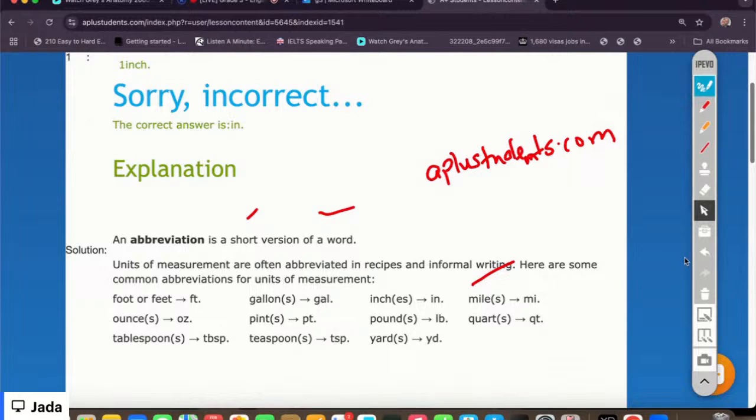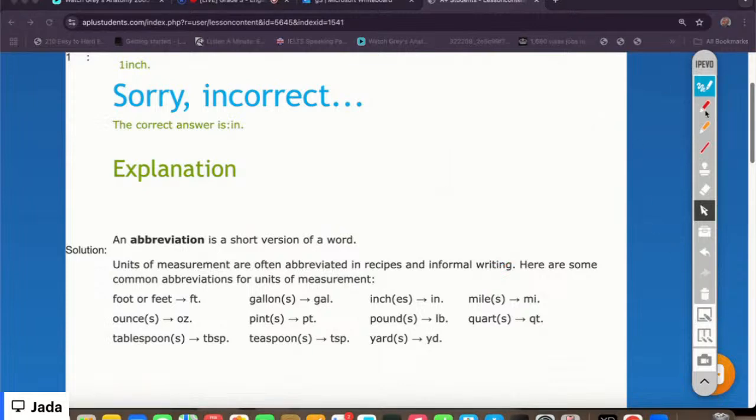All right, so we know that an abbreviation is a short version of a word. All right, so this is about the units of measurements.